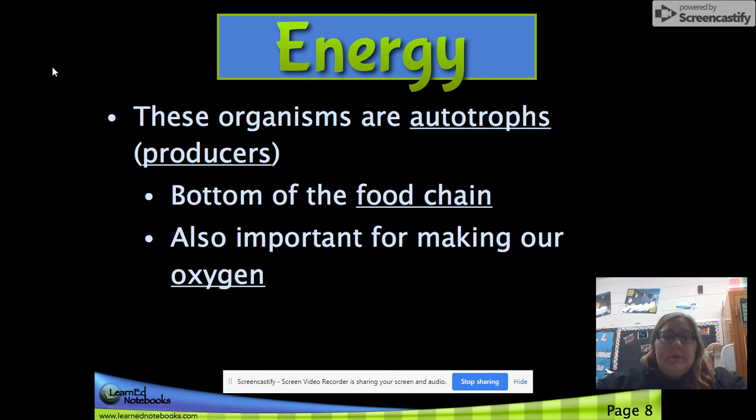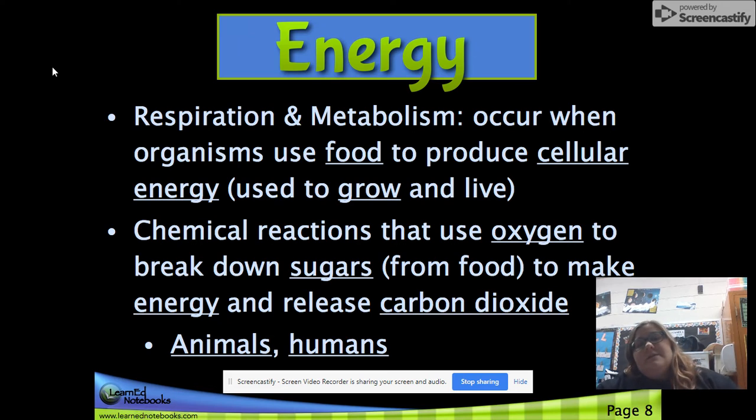Okay, this is how it occurs. You have respiration and metabolism. Respiration is breathing. We call it cellular respiration because skin cells, hair cells, everything has cells. And when the organisms use the food, so you eat the food, and your cells have to process this food, and it goes into cellular respiration.